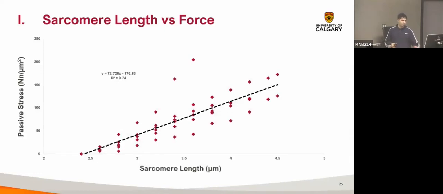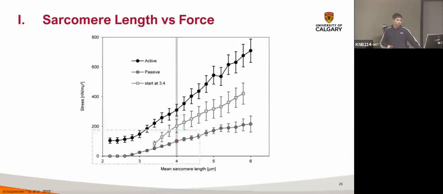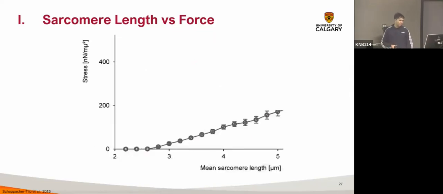So what this shows is that as we increase the length of the sarcomeres, the passive stress that titin is providing, the amount of resistance to the increase in length, is increasing. But what we notice is that the values are pretty consistent with one another across all of our myofibrils. And when we compare to literature that's also done this type of work for unlabeled myofibrils, from this paper in 2015, they produce these types of values.